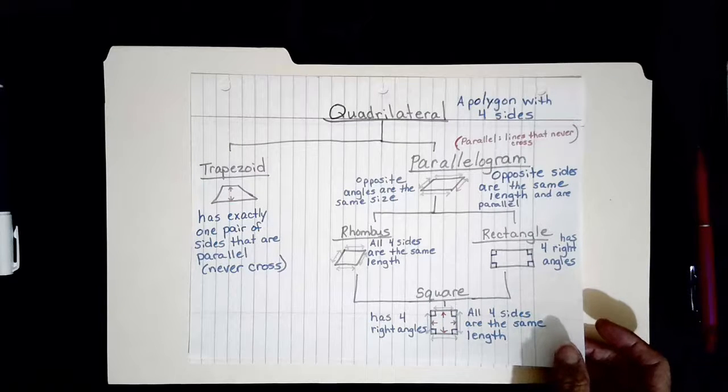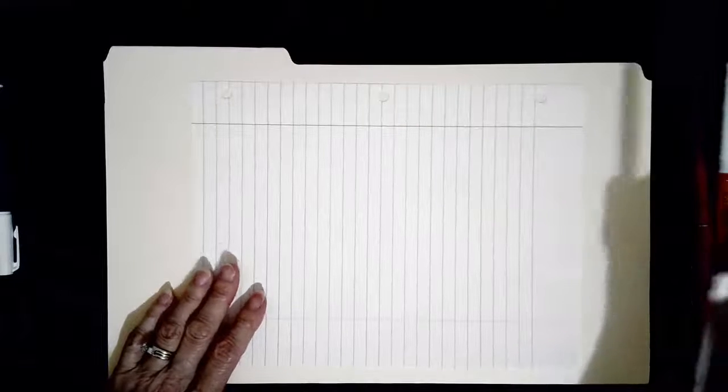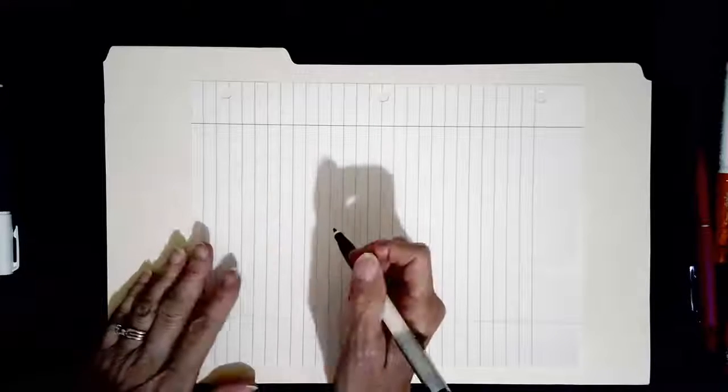So I need you to stop the video and go get a piece of notebook paper if you don't already have it, or a piece of copy paper, and get ready to listen. So the first thing we're going to do is start with the word quadrilaterals at the top. The reason we're putting quadrilaterals at the top is that all of these shapes that we are going to be talking about today are quadrilaterals.